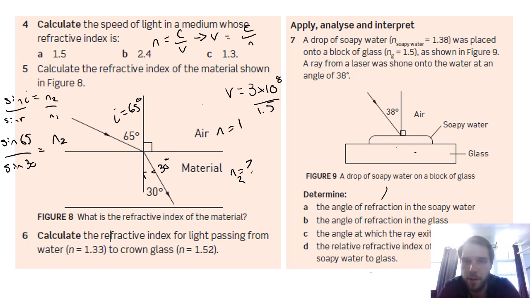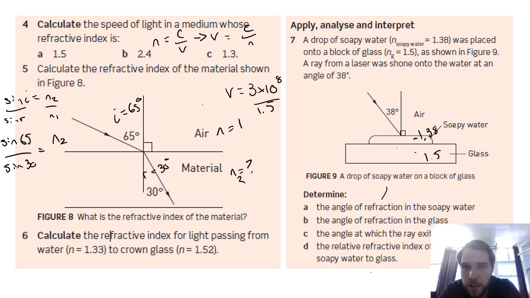Let's do this last question, 7. This is a good question, a Year 11 good question. A drop of soapy water, n is equal to 1.38, so that's going to be in this section here, was placed into a block of glass, which has an n of 1.5.